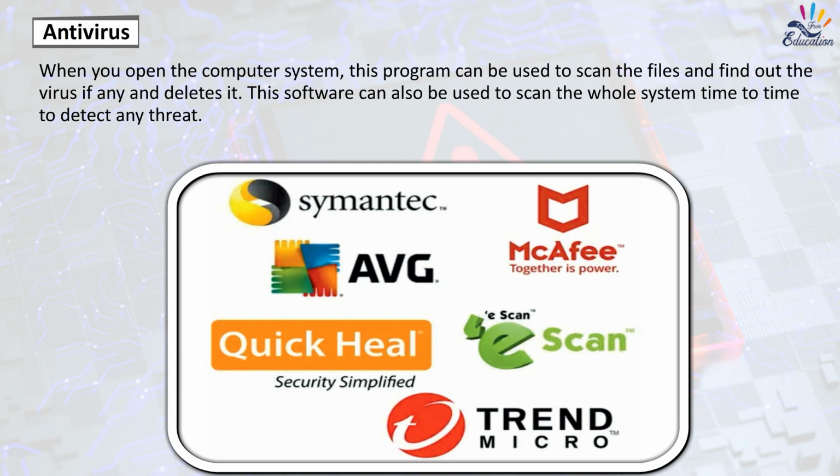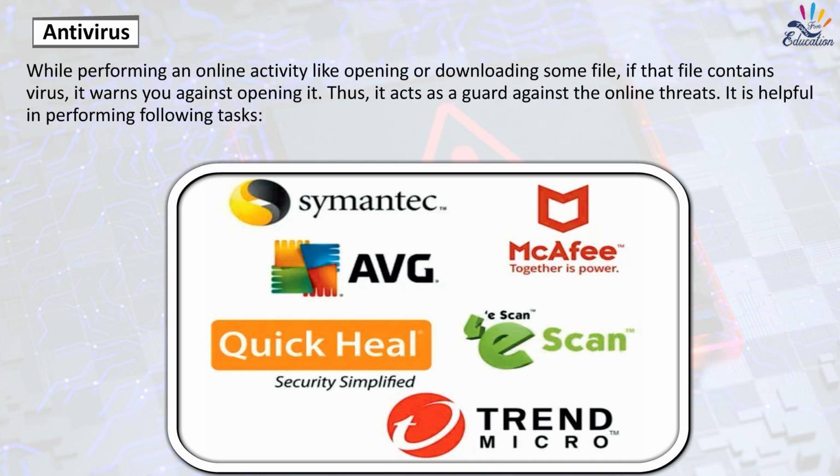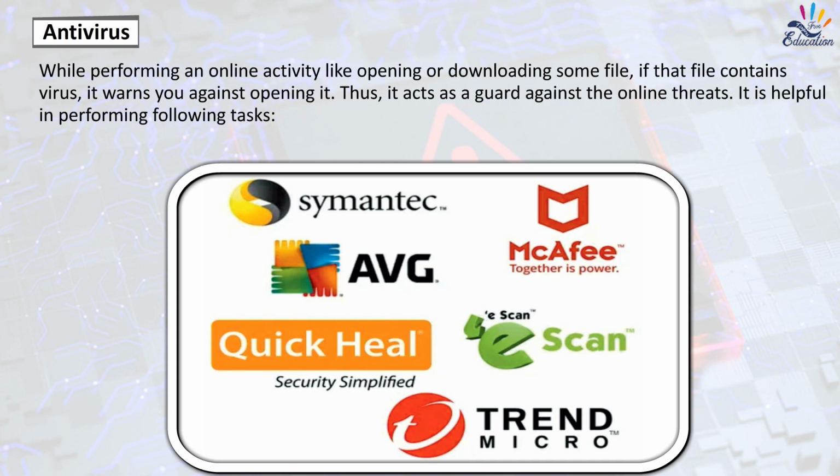This software can also be used to scan the whole system from time to time to detect any threat. While performing an online activity like opening or downloading a file, if that file contains a virus, it warns you against opening it. Thus, it acts as a guard against online threats.